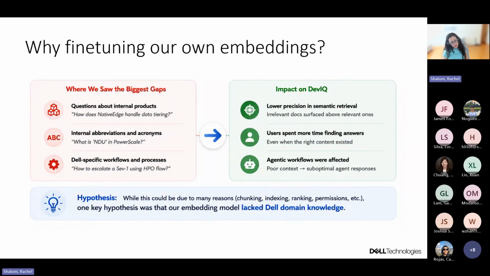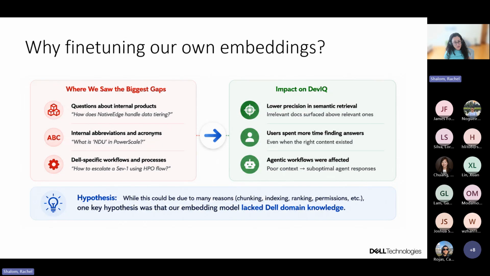So if we go back to the question that I think I started with at the beginning of the lecture: why fine-tune your own embedding? Many questions have to do with internal products, or use the internal language of Dell, like abbreviations or acronyms, or Dell-specific workflows, the internal enterprise language.